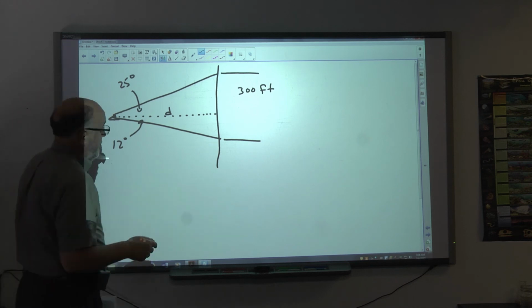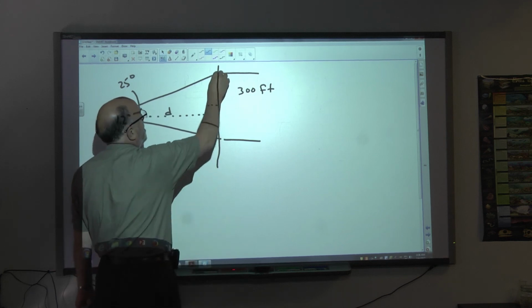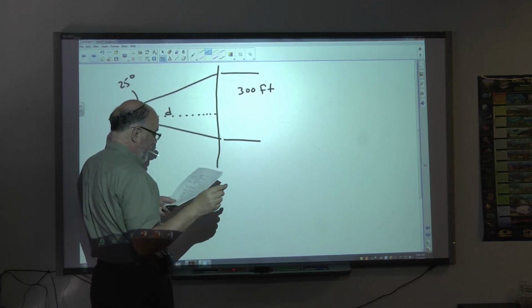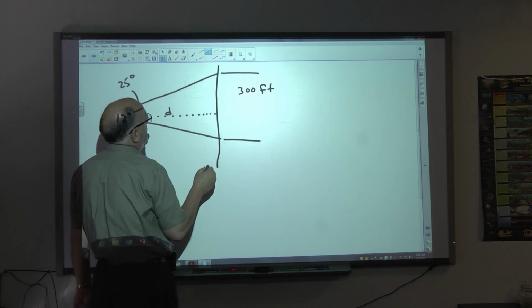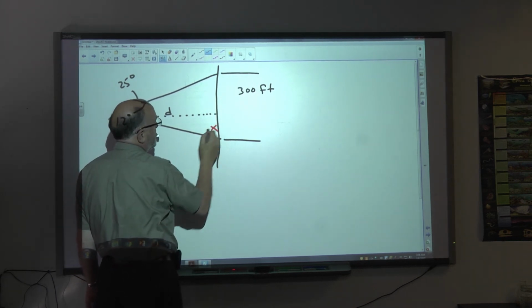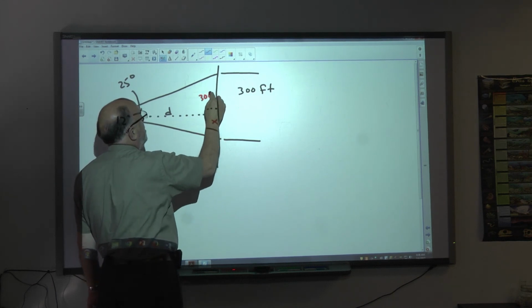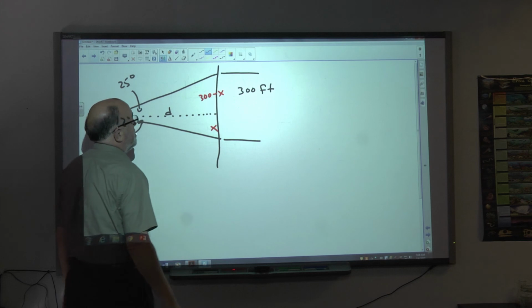Well, we actually have a couple of triangles here. We know the total distance here is 300. So if I say that this is x, then this piece has to be 300 minus x.